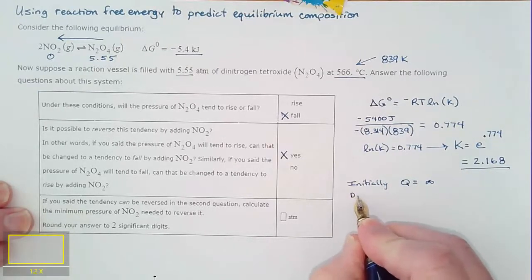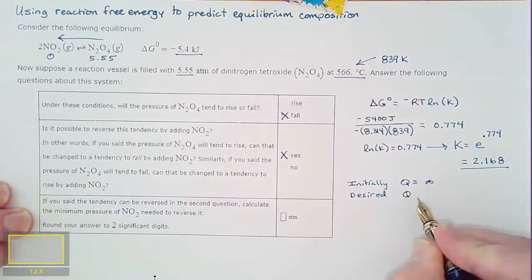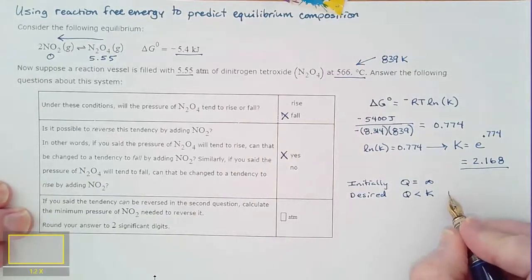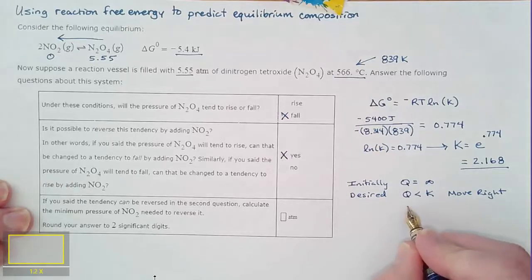And what we want, our desired arrangement, is for Q to be less than K, and then the reaction will move to the right. So the breaking point here, the absolute least amount of NO2 that we could add, would get us to the situation where we would have Q equal to K. So that's what we want to solve.